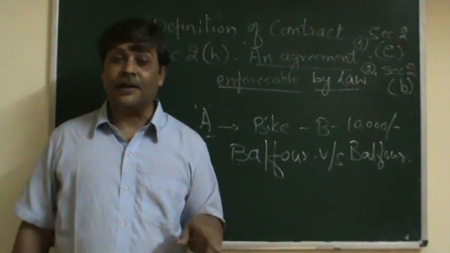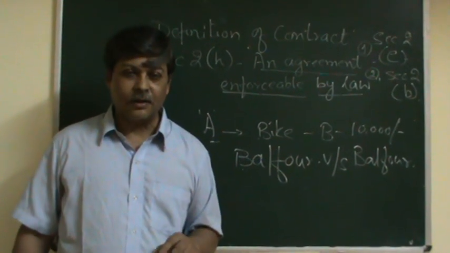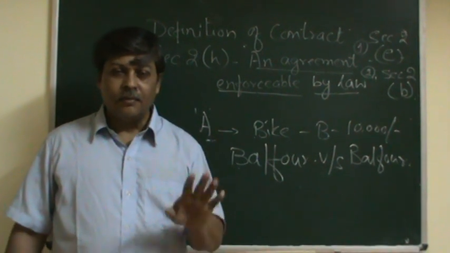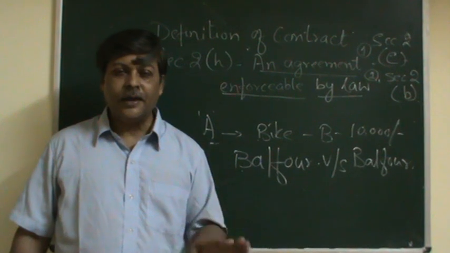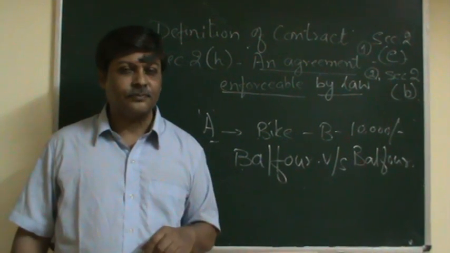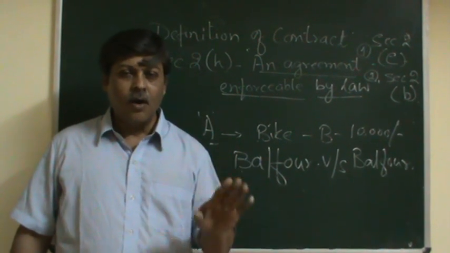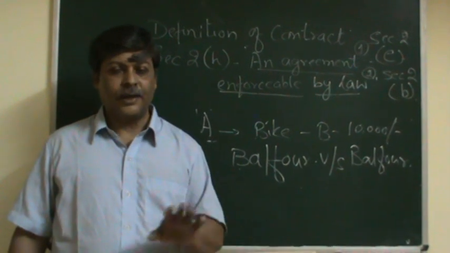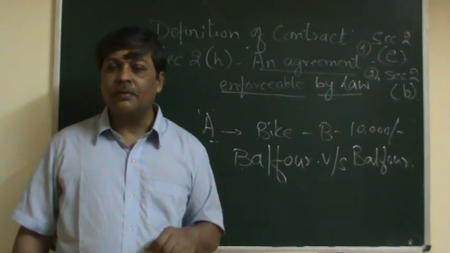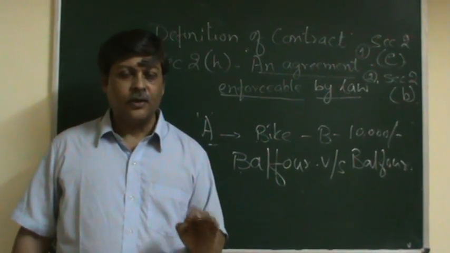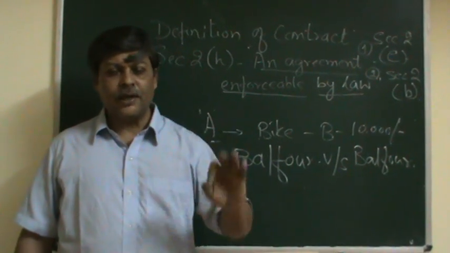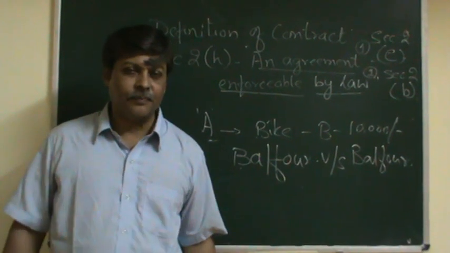There is a statement: all agreements are not contracts. All agreements cannot become a contract. So remember this. You cannot say that each and every agreement leads to a contract.